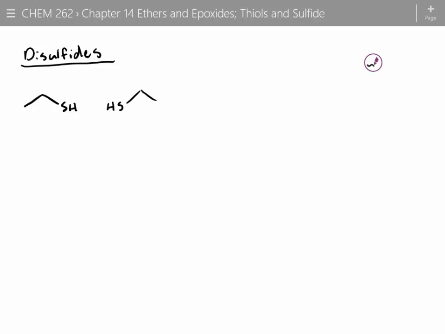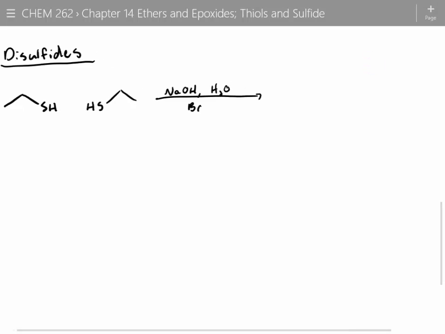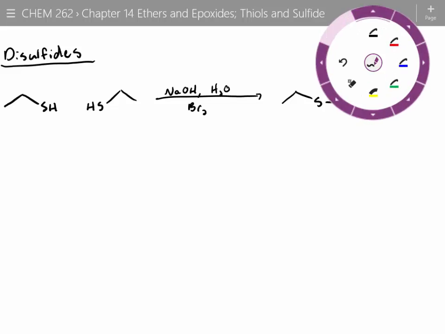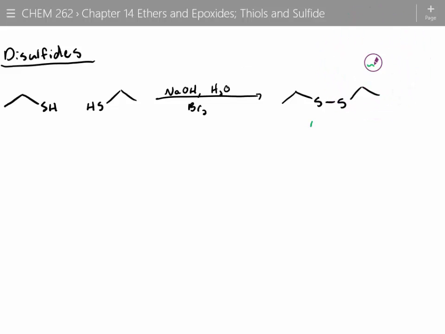If we have two thiol groups in solution, and we treat them with sodium hydroxide, water, and bromine, we can actually form a new bond between the two sulfurs, something we can't do very easily with oxygens. Is that a Br2? Oh, yes, this should be a Br2, thank you. And these are called disulfides.